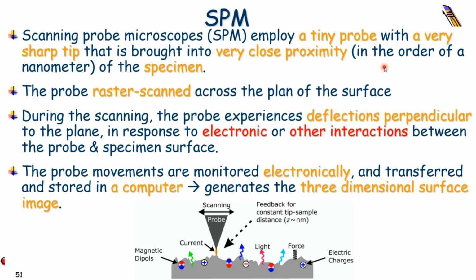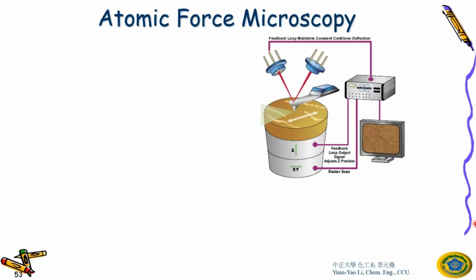You use your finger to feel something, and the tip of this finger is very small, down to a few nanometers. Okay, so the probe here is very small, so you can feel something.